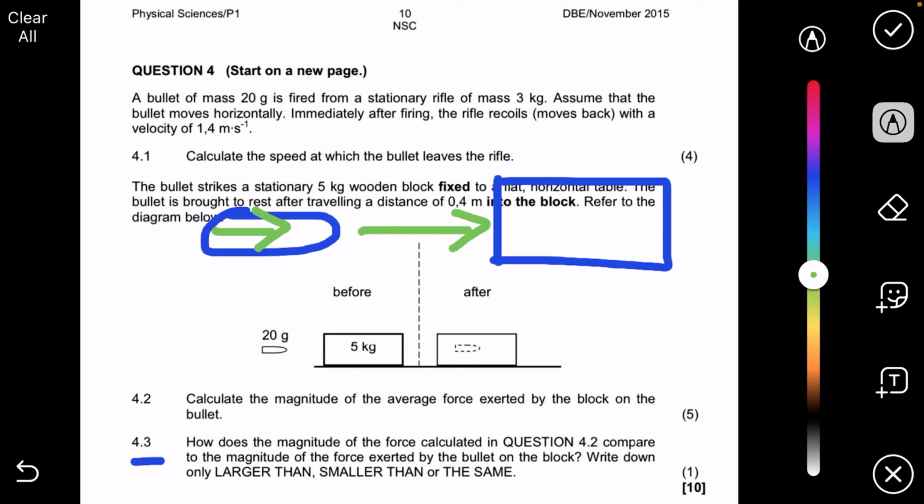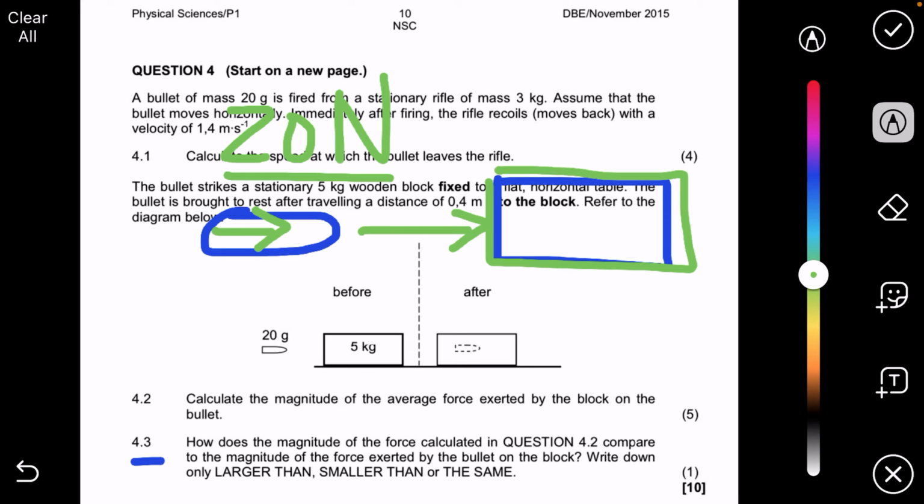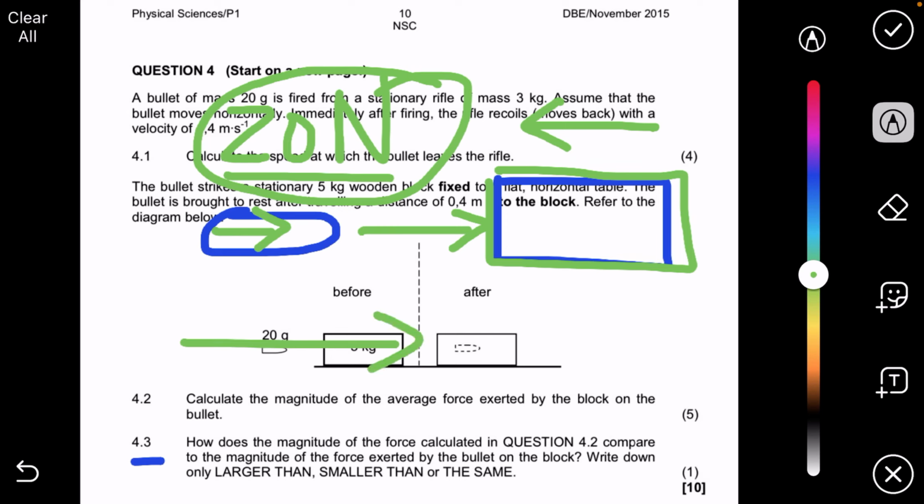If the bullet hits the block with a force of 20 newtons, then the reaction from that block should be the same as that amount. Whatever force hits the block is the force the block hits back with.